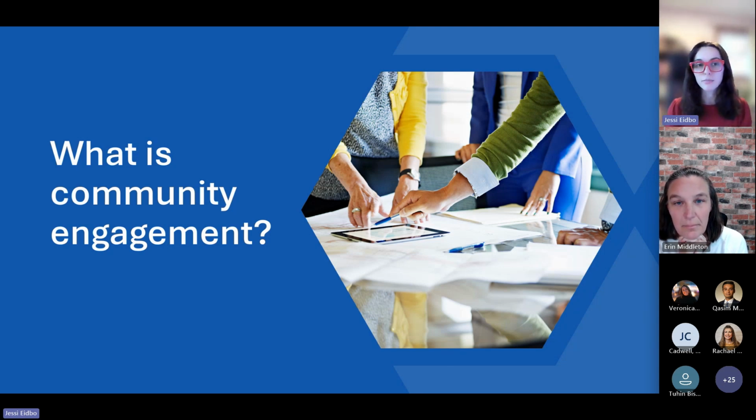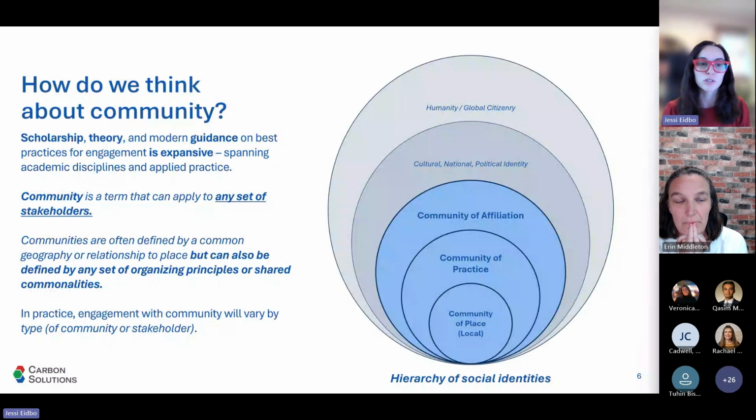So to kick things off, as Erin mentioned, taking a step back to acknowledge that community engagement is many things, and how folks come to this practice, the journeys they traverse often look very different. And so we wanted to carve out an opportunity to describe what we think about when we think about community.